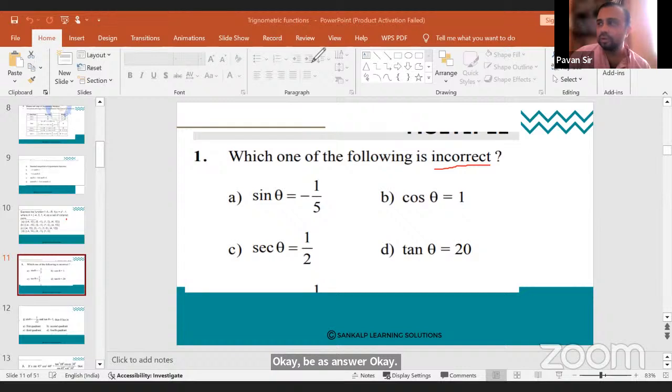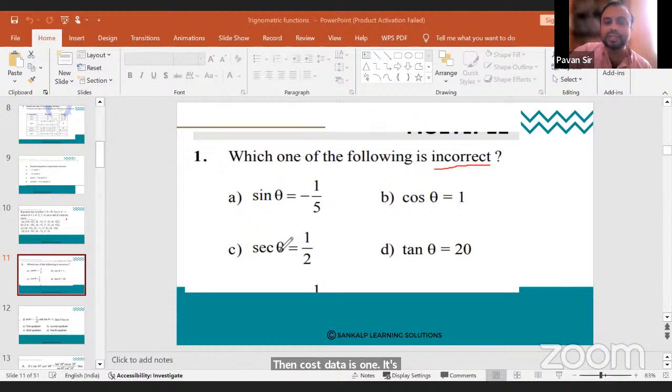But let me try to understand. Sec theta is half. Is it possible? Sin theta is -1/5, why is that fine? Because -1 to +1 is the range. Then cos theta is 1, it is also in the range.